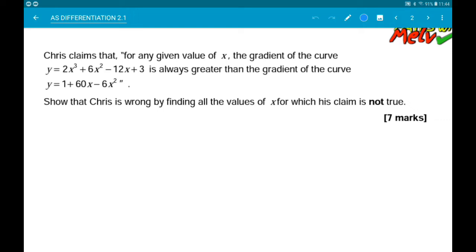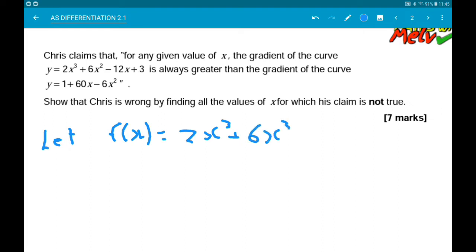So I'm going to say let f of x be 2x cubed add 6x squared minus 12x add 3, and g of x is 1 add 60x minus 6x squared.